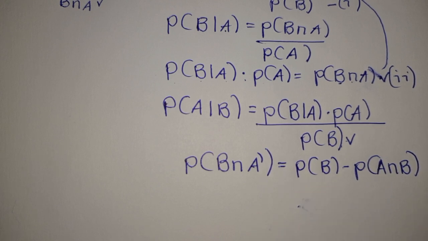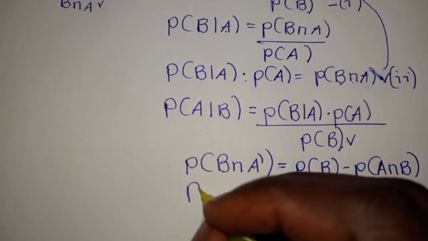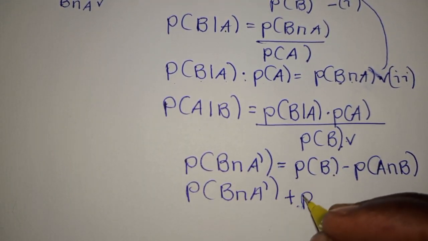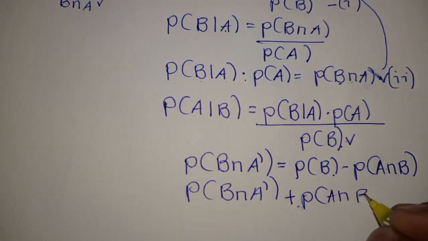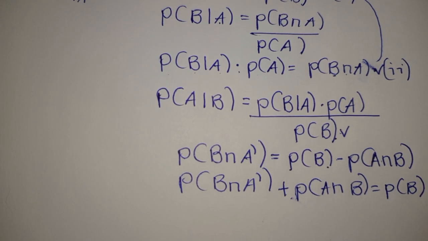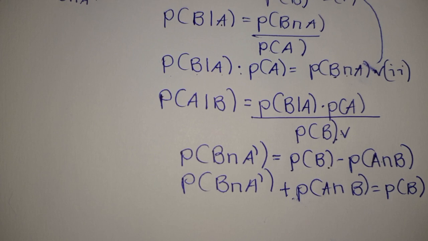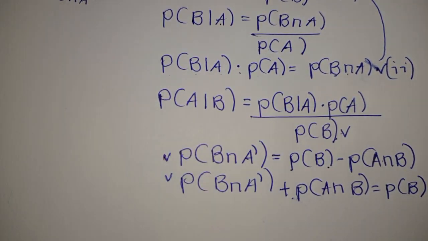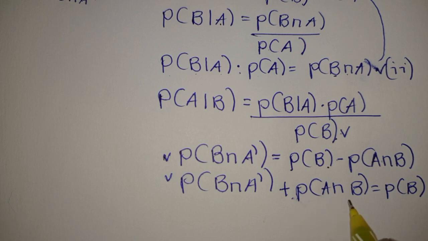So remember, under normal circumstances, the probability of B is equal to the probability of B. So let this go to the other side so that we remain with the probability of B. So we have the probability of B intersection A complement plus the probability of A intersection B to be equal to the probability of B. So having arrived at that conclusive understanding of what these two are representing, what is the probability of A intersection B?